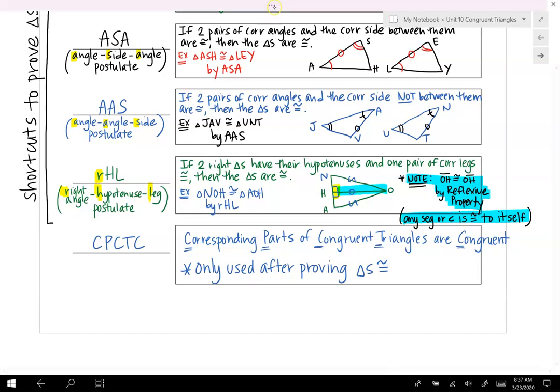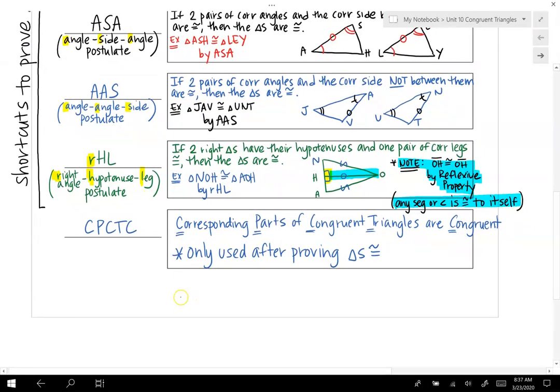Another way to write this, if you'd like, remember you could write if 2 triangles are congruent, then the corresponding sides are congruent. Or you could write if 2 triangles are congruent, then the corresponding angles are congruent.